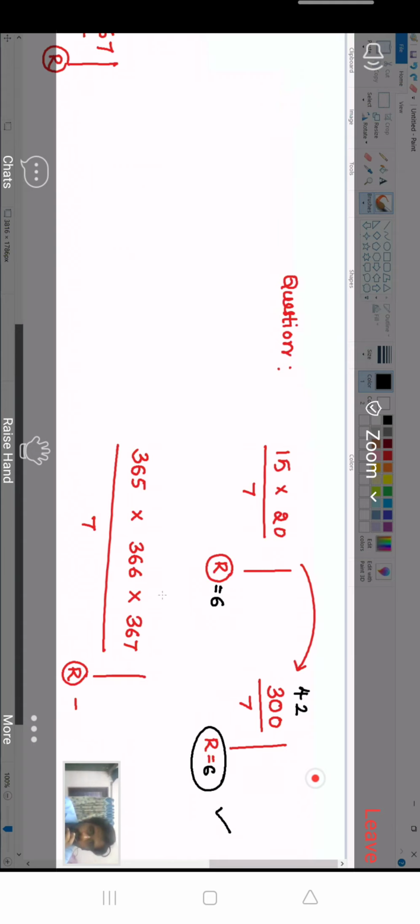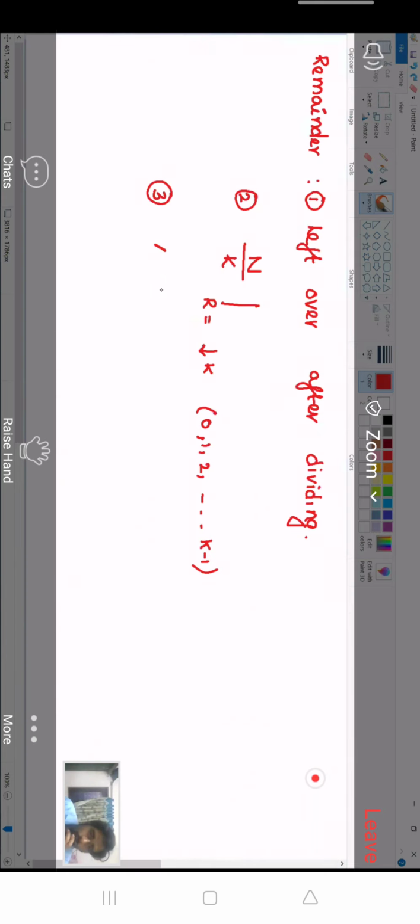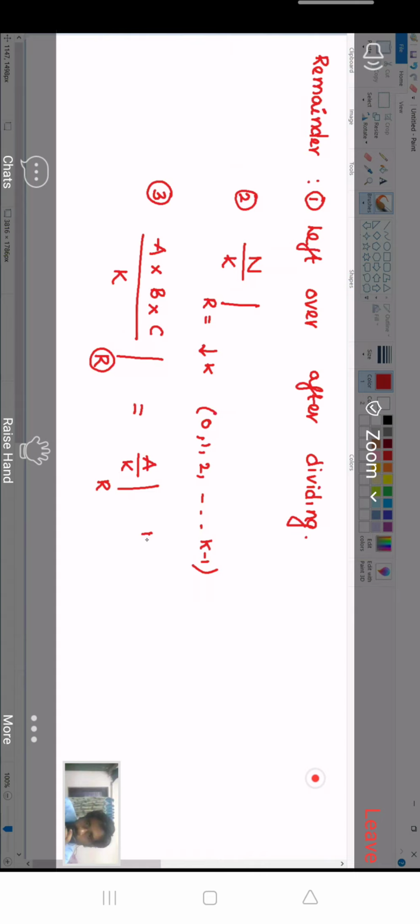As per the basic remainder theorem, whenever we have a product of numbers, a into b into c, when we are dividing this number with k, instead of going with the entire calculation, you can go with the a by k remainder, the b by k remainder, and the c by k remainder. That means you can go with the individual remainders instead of solving the complete question.